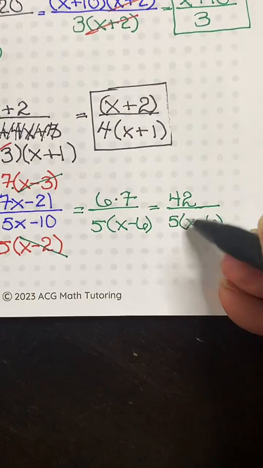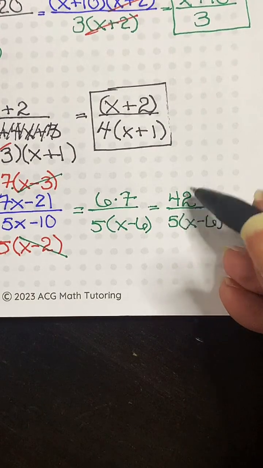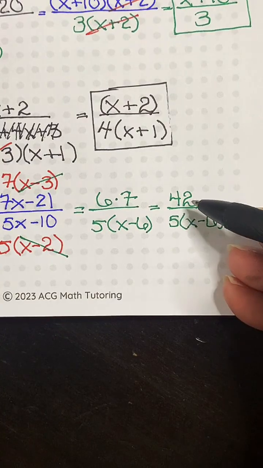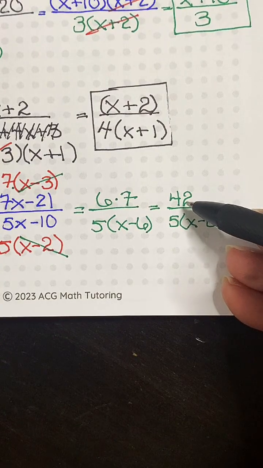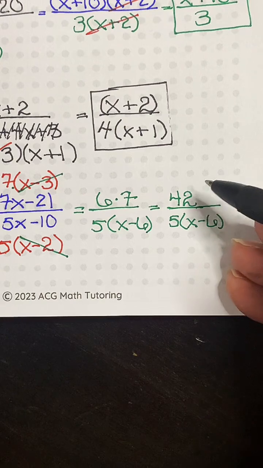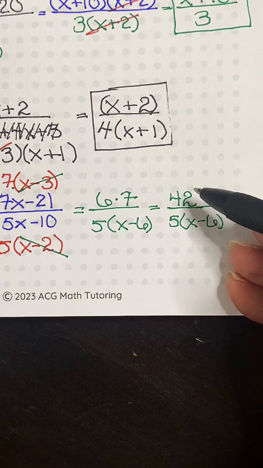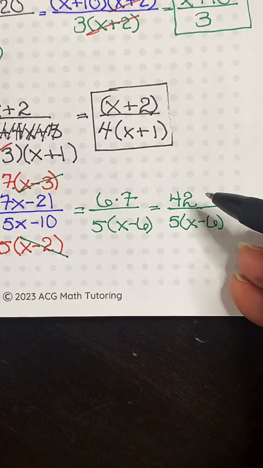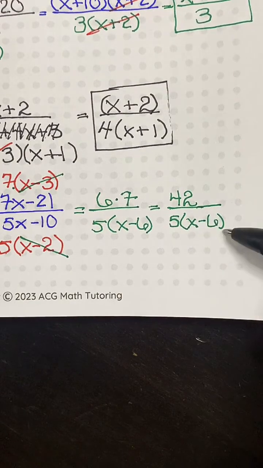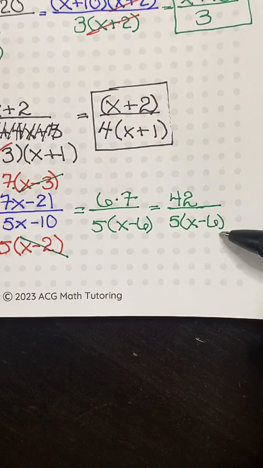And this 42 and the 5, if I try to simplify it, it's going to give me a decimal. Just leave it. I know, everyone's like, it's an improper fraction, I gotta change it to a mixed number. Calm down. No, you don't. If anything, once you get to an answer, take a look at your answer choices.